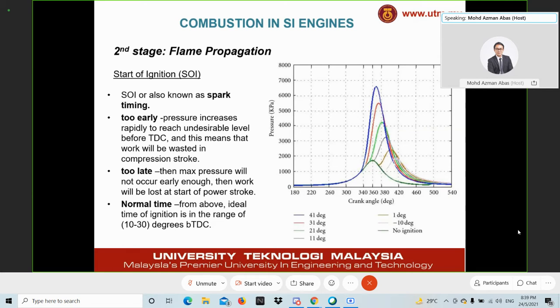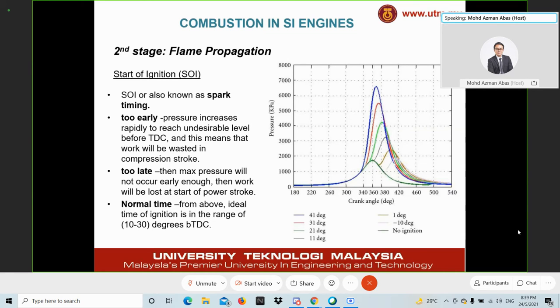If the ignition starts too early, the pressure rises rapidly and peaks before the desirable level, before TDC. If it's too early, you are shifting your peak pressure much earlier, and therefore you cannot have the peak pressure between 5 to 10 degrees, because your ignition starts too early.